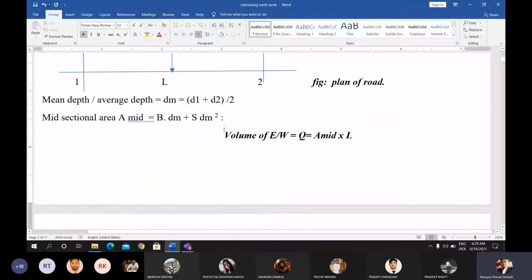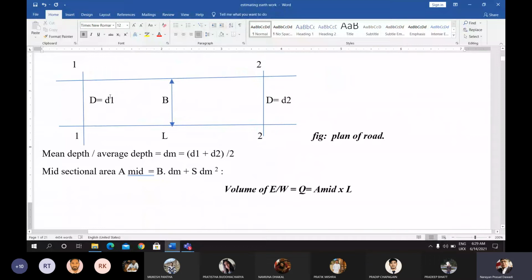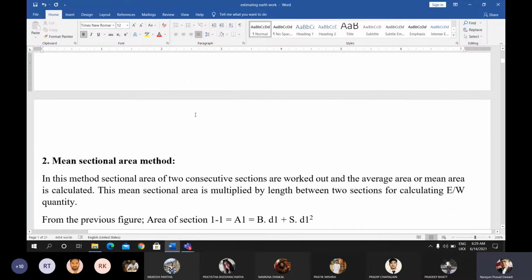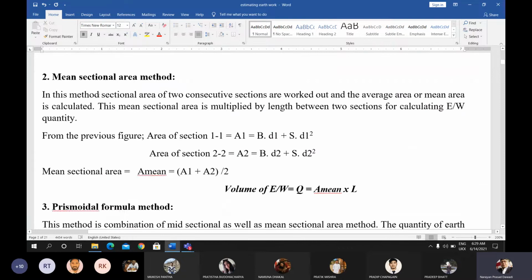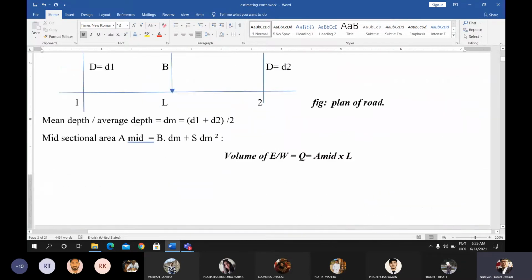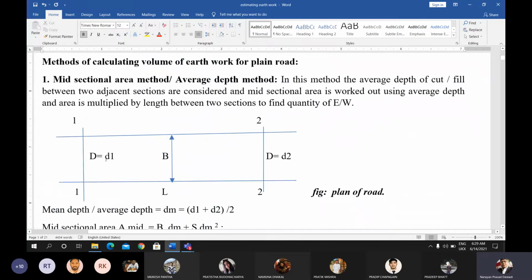As in the first method, we use the average depth first, and with the help of the average depth, find the sectional area. That sectional area is the mid sectional area, and that area is multiplied by the length between these sections to get the volume of the earth. In the latter method, we have to find the sectional area of both sections.